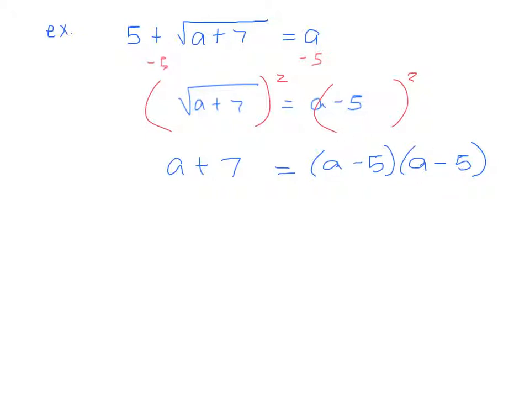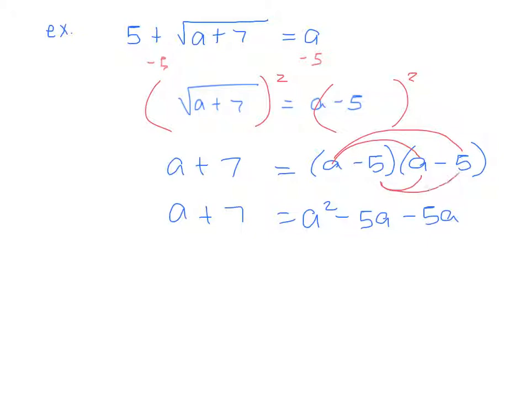So we get a plus 7 is equal to, first, a squared, outer, minus 5a, inner, minus 5a once again, and last, plus 25. So a plus 7 is equal to a squared minus 10a plus 25.